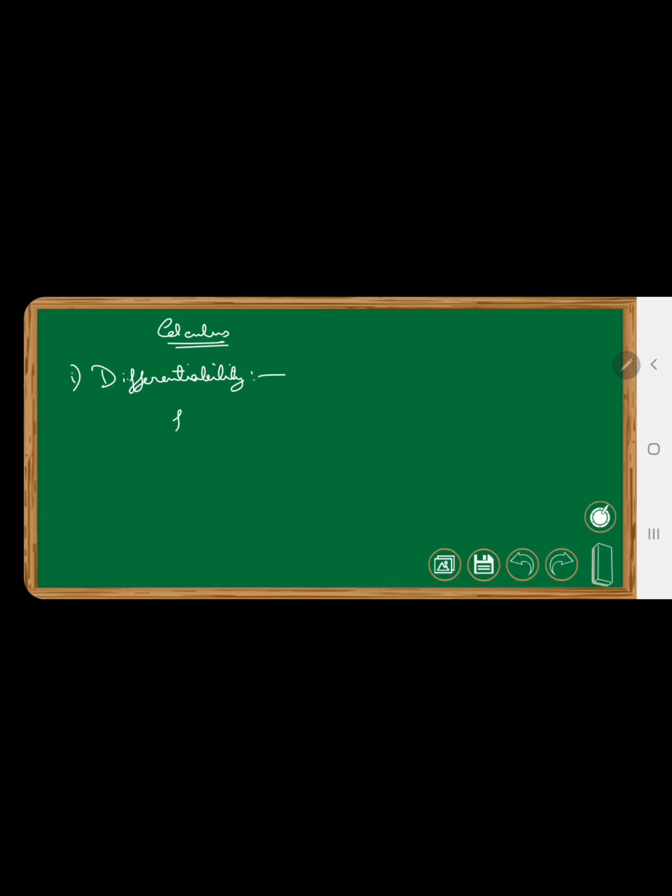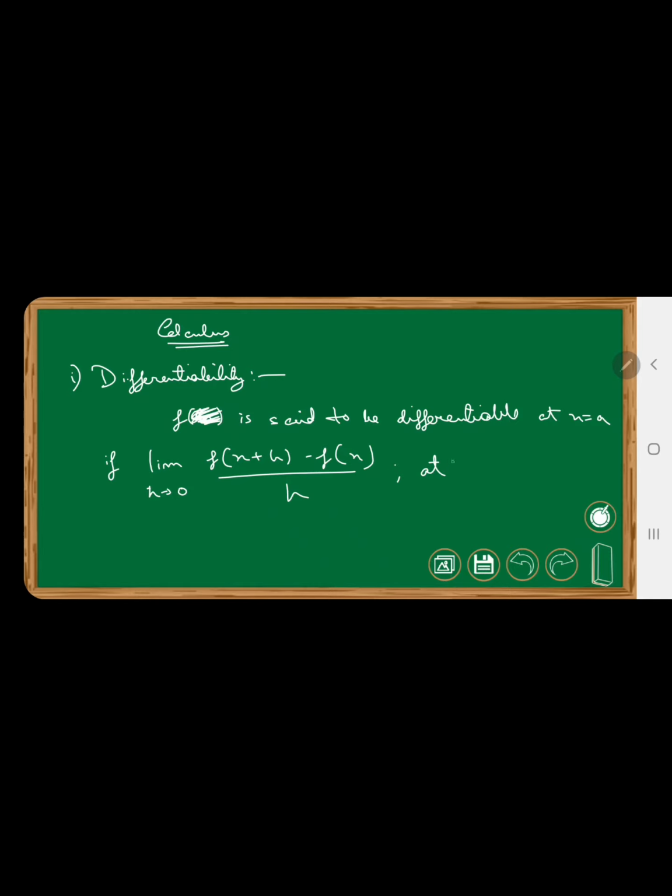So f is said to be differentiable at x equals a if the limit h tends to 0, f of x plus h minus f of x over h at x equals a exists.